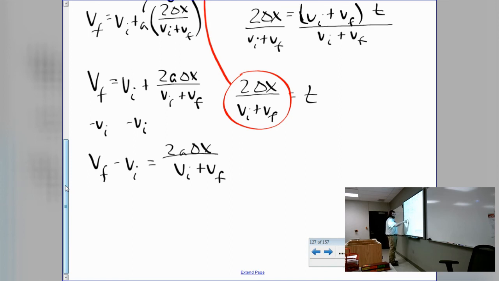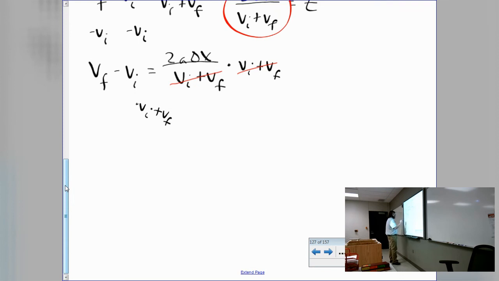Now, I want to simplify that, so I'm going to bring it over to the left side. I'm going to multiply both sides by velocity initial plus velocity final. That's going to cancel it out of the bottom part of the fraction on the right. And I'm going to multiply it over here by velocity initial plus velocity final.